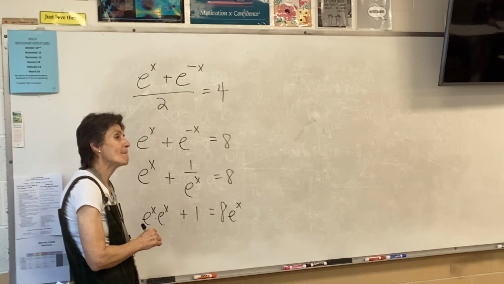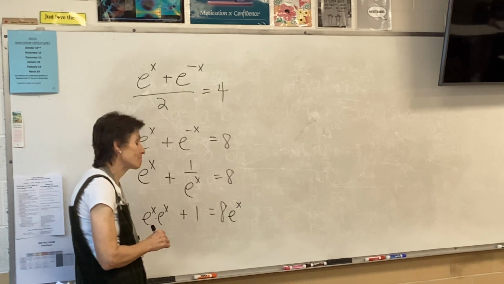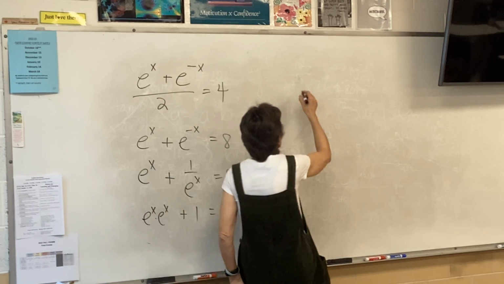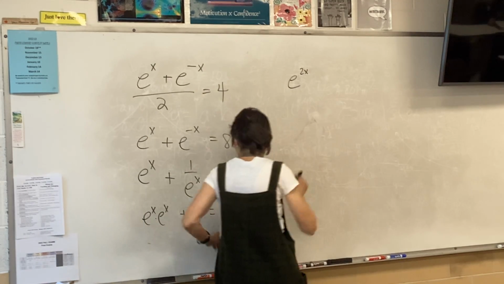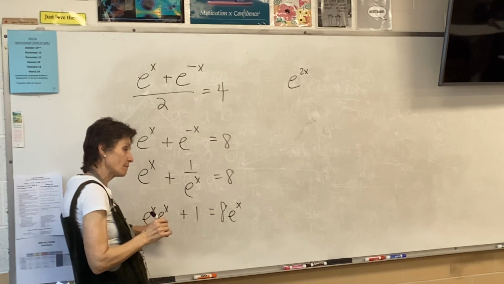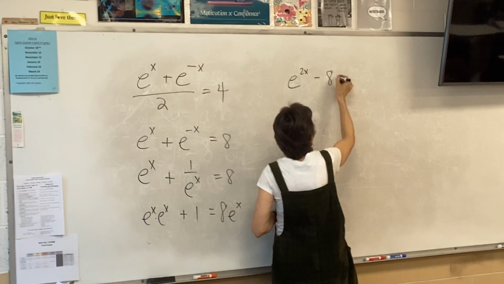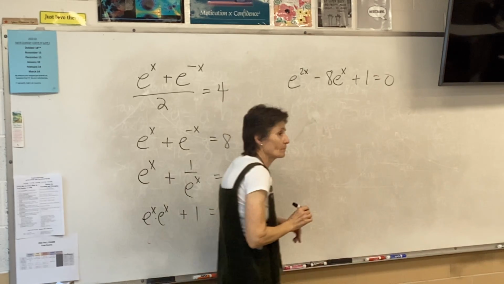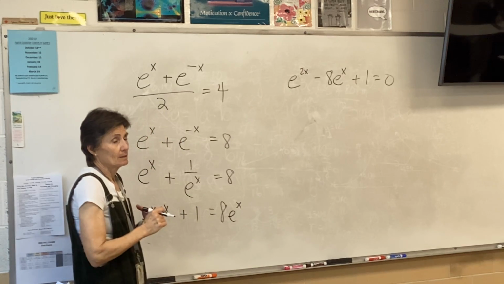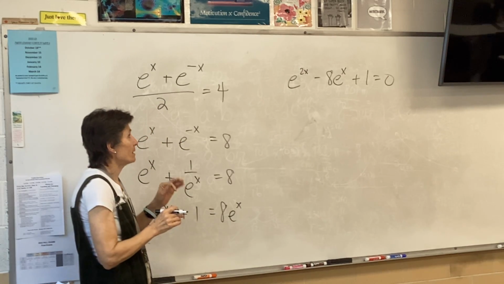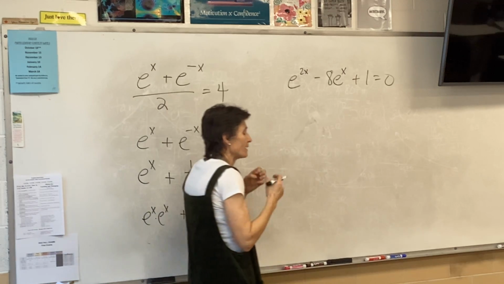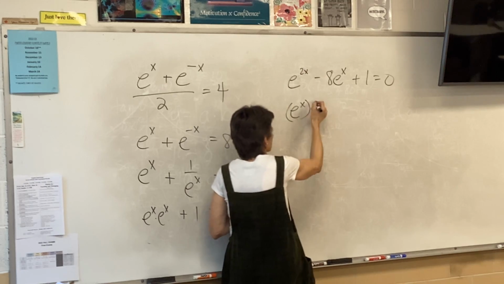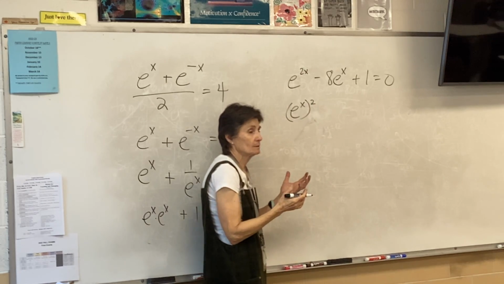Katie? You have to move 8 over 8 e to the x and then let u equal e to the x. Exactly. So we're gonna have e to the 2x, because we add the exponents, minus 8e to the x plus 1. This is the same as e to the x twice, e to the x squared.